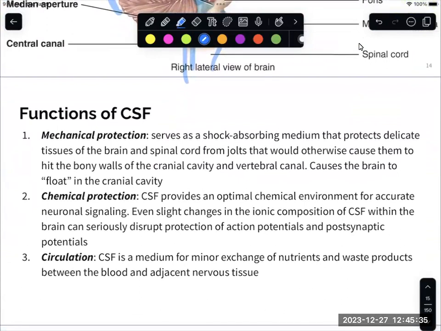So our cerebral spinal fluid provides this protection. It's shock absorbing. So its goal is to prevent the brain and spinal cord from hitting any bony walls. Our brain actually floats in that cranial cavity in cerebral spinal fluid.